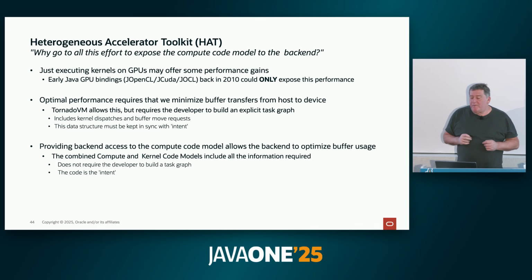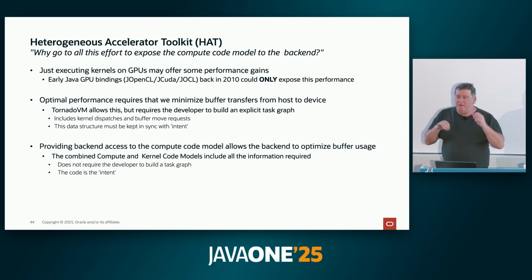You're going to get optimal performance when you're able to trace the minimum number of copies of data back between the GPU and the CPU. You're trying to find how to minimize those buffer transfers. And by providing the vendor backend access to the model that's calling the kernels, it gets visibility over the data paths and also the control flow.